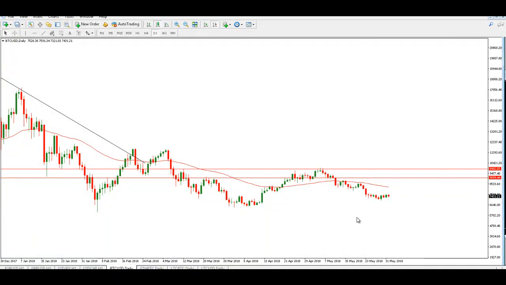Before it goes to the 4,000 mark, let's say it goes up above the 50 moving average on the daily chart, and then goes back below the 50 moving average. Then let's say you drill down to the 4-hour and you see a short-term 4-hour trade, then you can take that too. So you're going to have two trades working at the same time.